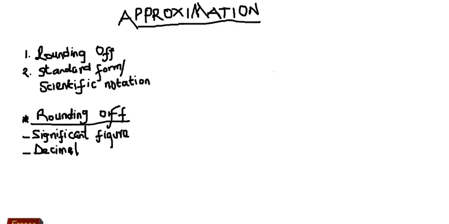That's why we are referring to decimal places. And then number 3, we can round off a number with respect to place values.